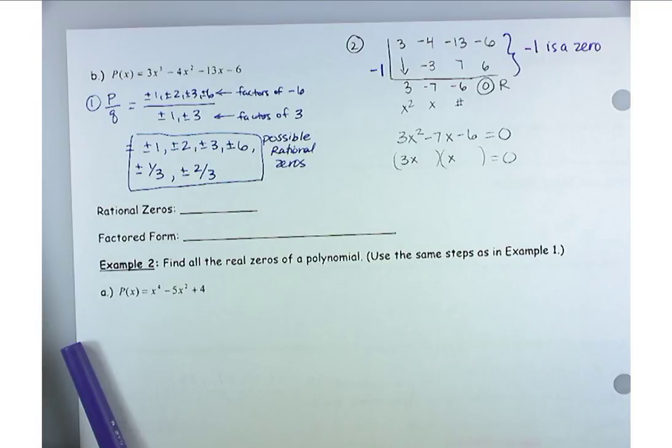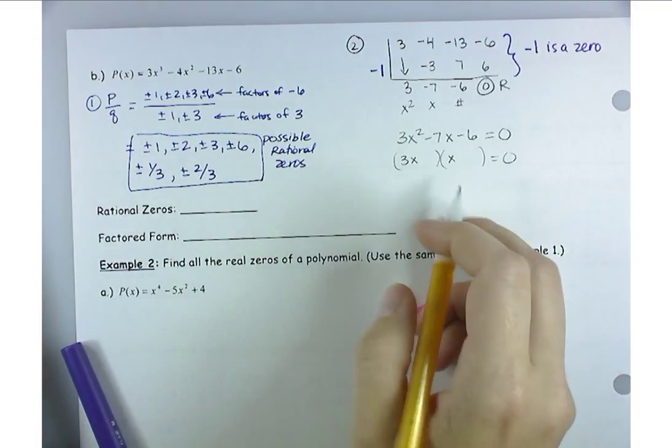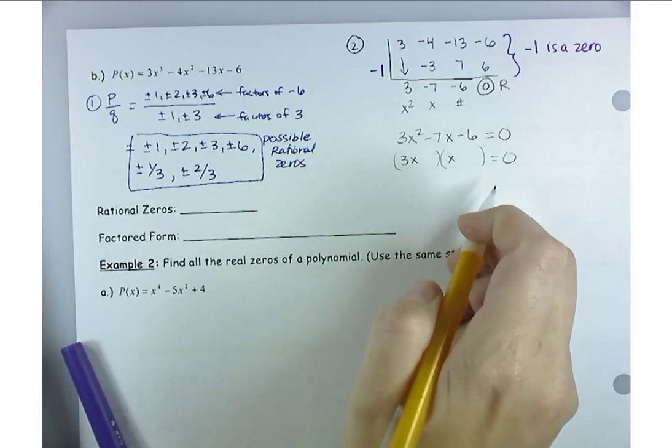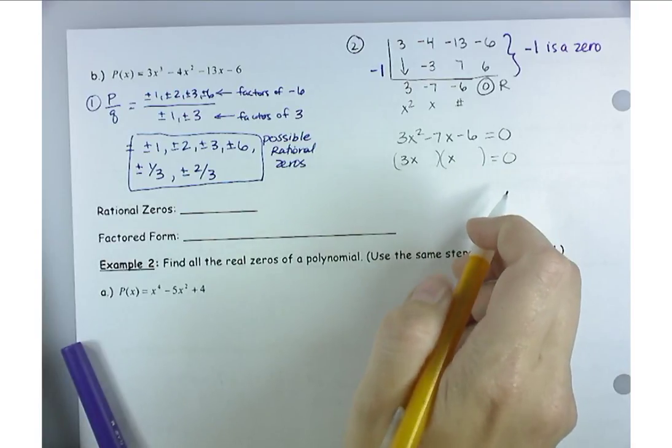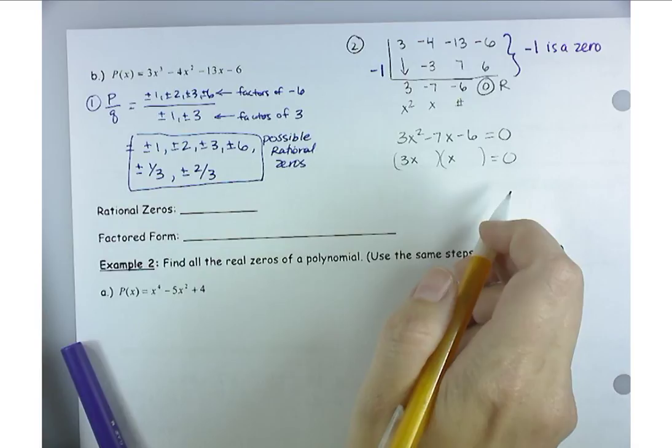Positive and negative. They have to be opposites, right? Okay, so they have to be opposites, and I know this is factorable. How do I know this has to be factorable?